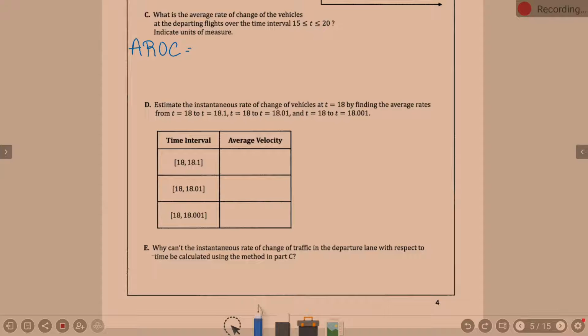So what am I going to do here? Put 20 and 15 in. I'm going to write it as V of 20 minus V of 15 over 20 minus 15.